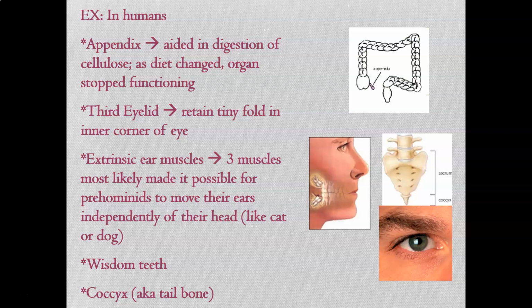I can't do it, but I know some people can, and that's an evolutionary holdover from pre-hominids, so pre-human, where organisms at that point would have found it very beneficial to be able to move their ears independently of their head. Think about things like cats and dogs. They can do that as a way to adjust their ability to hear things from different angles. And so somewhere in our lineage, that was an important factor.